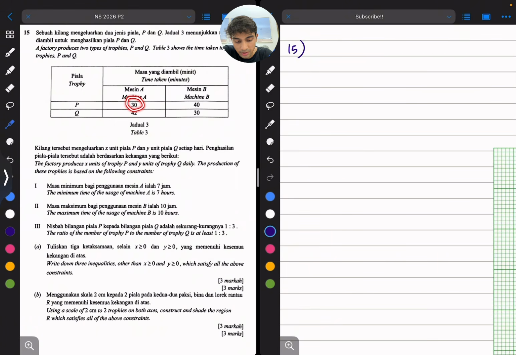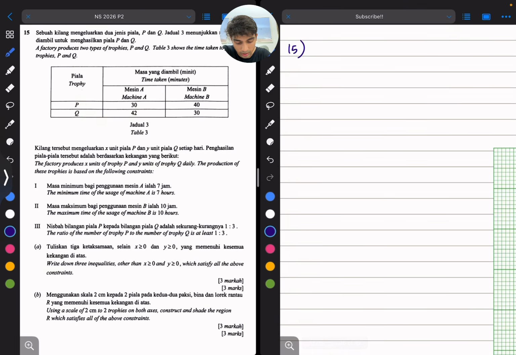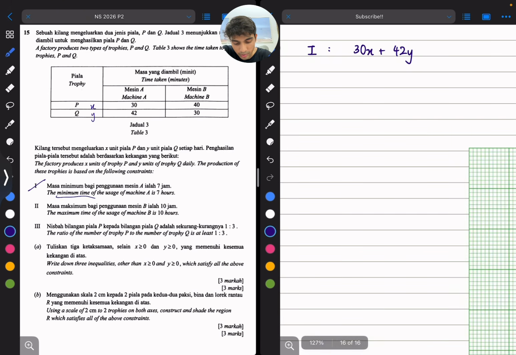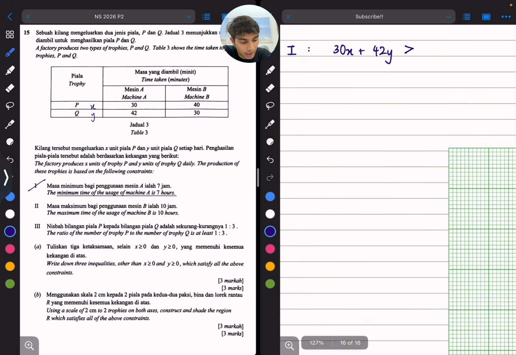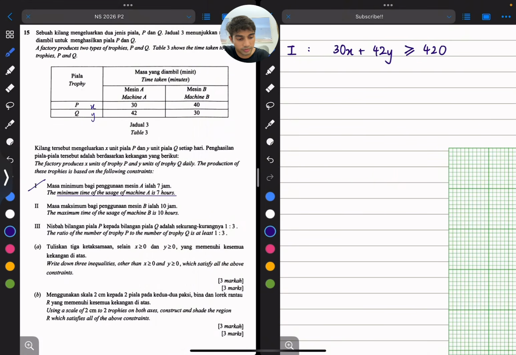So it takes 30 minutes to produce trophy P, 42 minutes to produce trophy Q. If you want to make an inequality using this, it will be 30 minutes times X number of trophy P plus 42 minutes times Y number of trophy Q. The minimum usage is 7 hours, so it must be at least 7 hours, but since this is in minutes, we have to convert 7 hours to minutes. So 7 times 60 is 420.